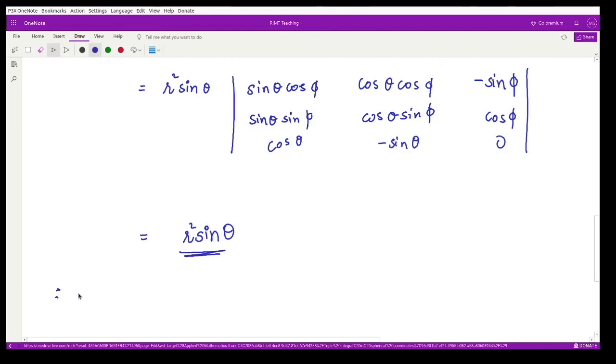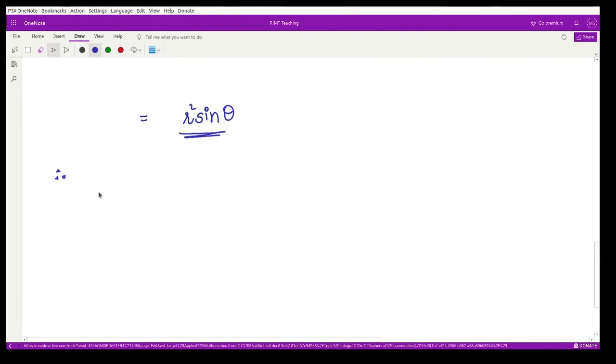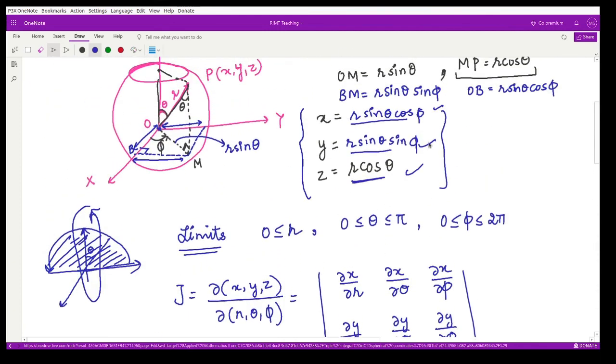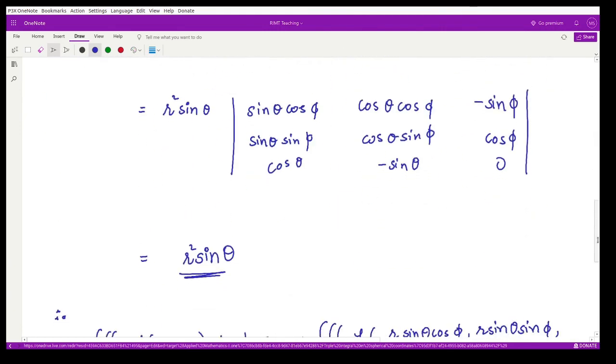So therefore, your triple integral in this case, the integral of f of x, y, z over dx, dy, dz, is now equal to the triple integral over the same region of the function. Instead of x, you will write r sine theta cos phi. Instead of y, you will write r sine theta sine phi. And instead of z, you will write r cos theta. So this is from these operations that we have defined, these relationships between r, theta and phi.